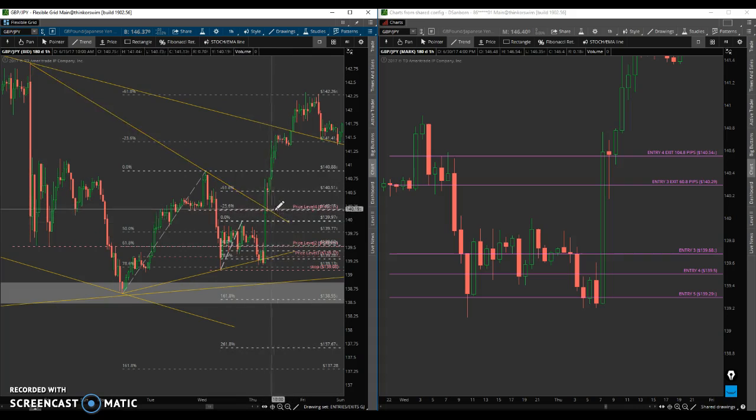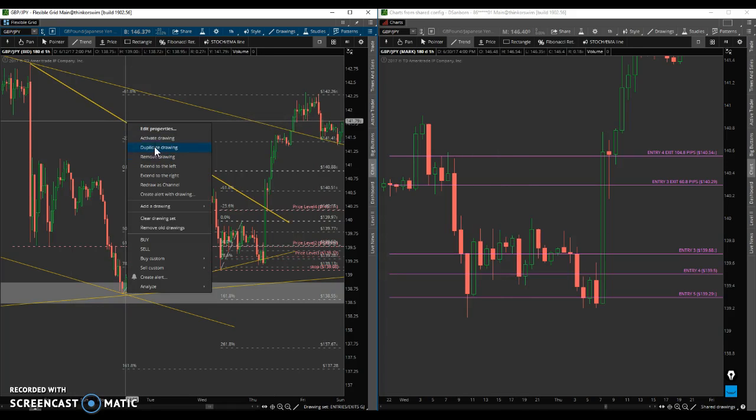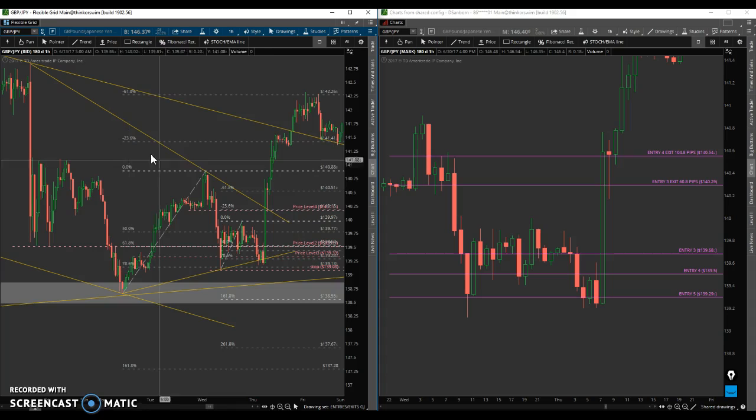So right there was where I took profit, manual exit. I took profit right there as price was spiking up into those levels. And I moved my stop loss into profit, or just slightly above break even for the other two positions. The other position I took profit at was essentially this.